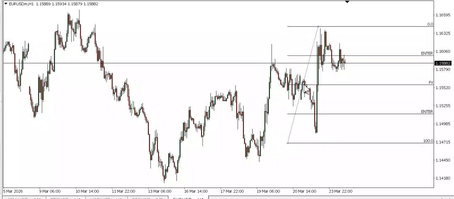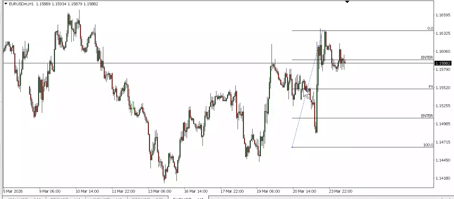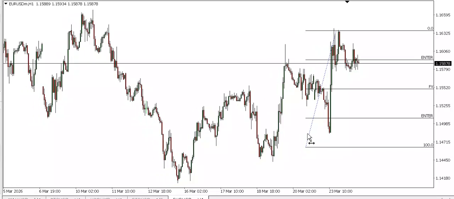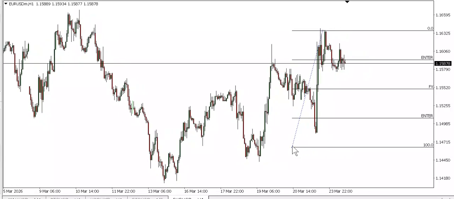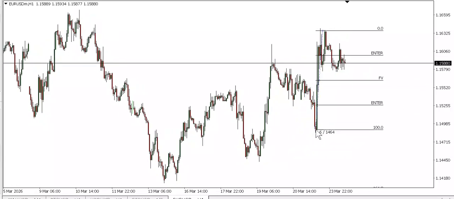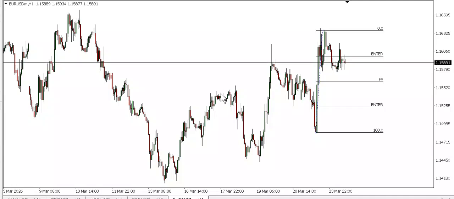Now this is the third corrective move. Enter at 25, somewhere around here, and target 75. So that's what the video is all about.